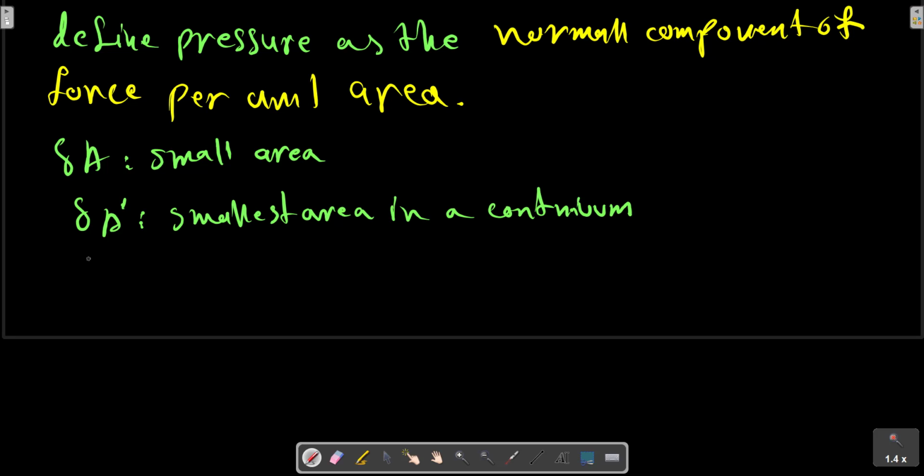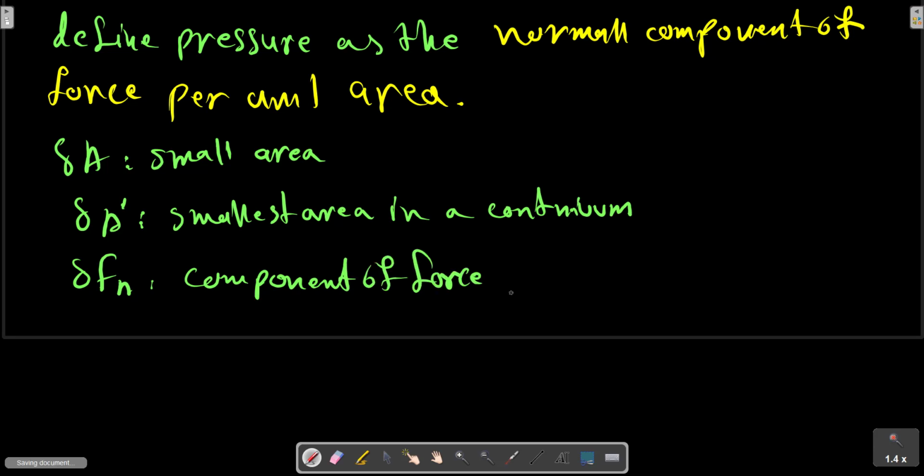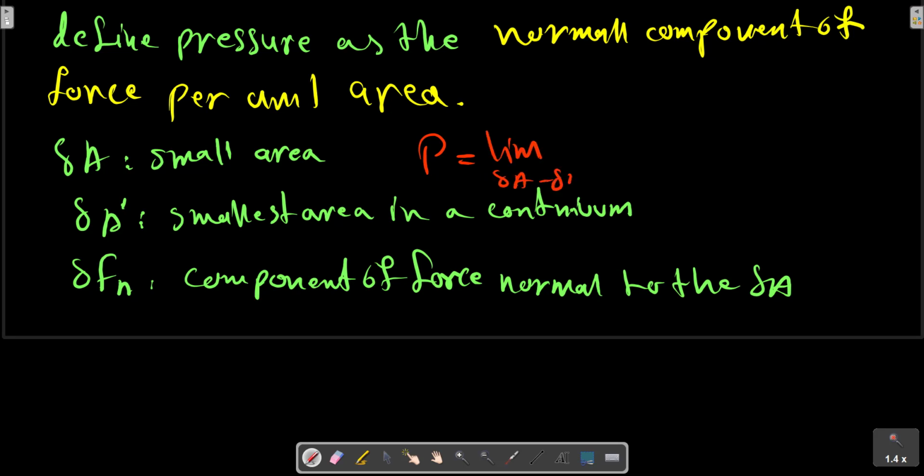and delta Fn is the component of force normal to the delta A, and we have pressure P equals the limit, where the lower limit corresponds to the size as mentioned for the specific volume, shown also in the picture as this shape.